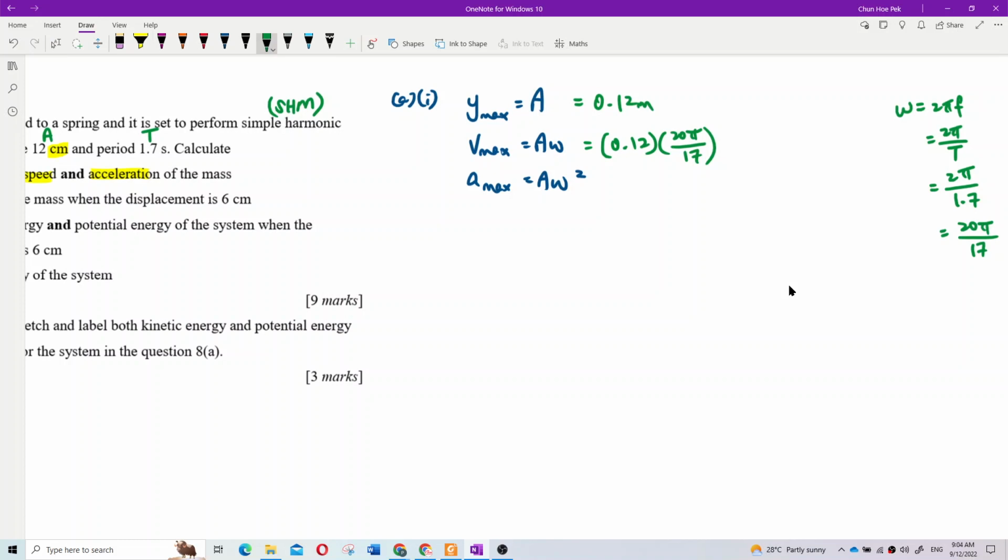I got the answer 0.44 meter per second. That's the answer. And then how about maximum acceleration? Maximum acceleration is A omega square.